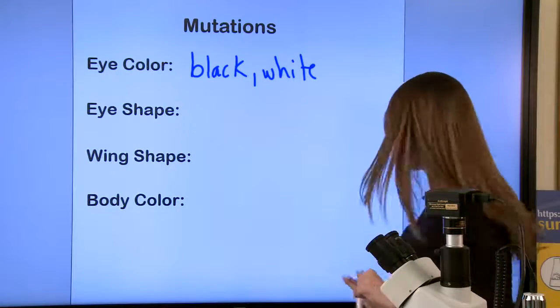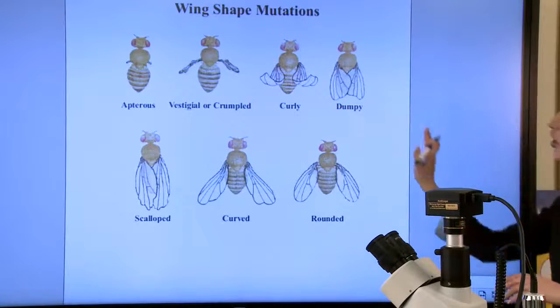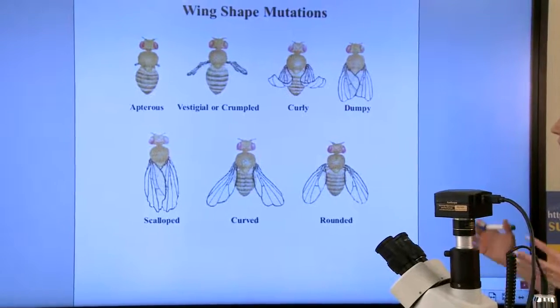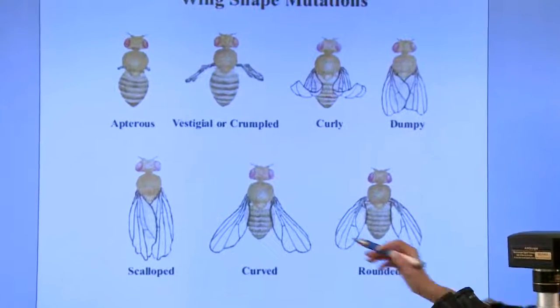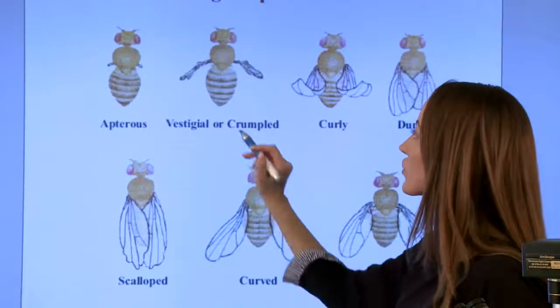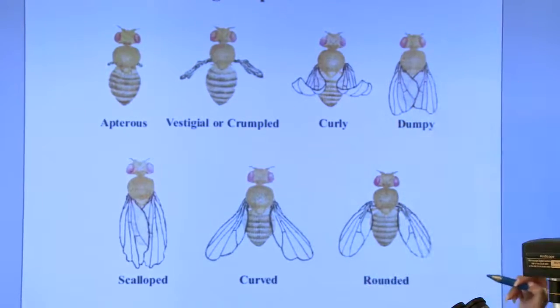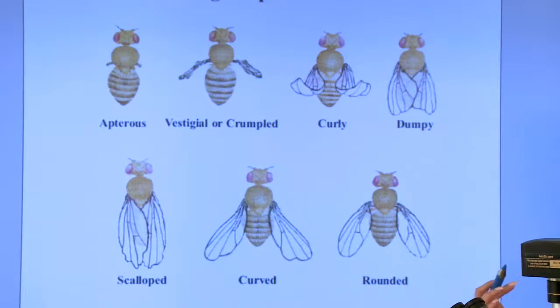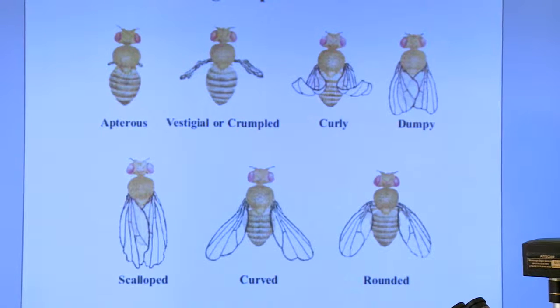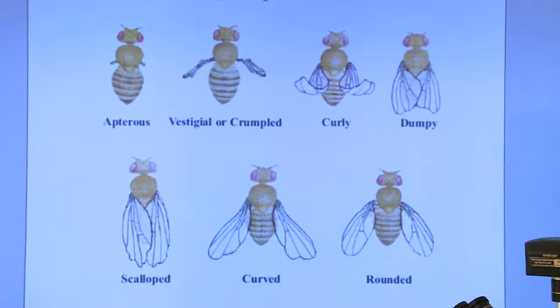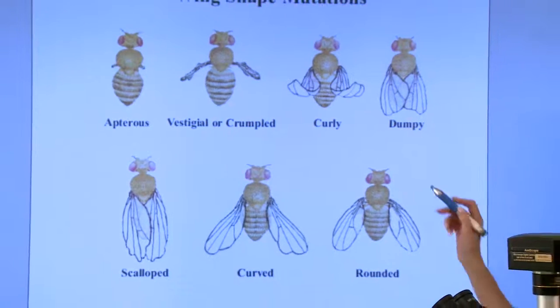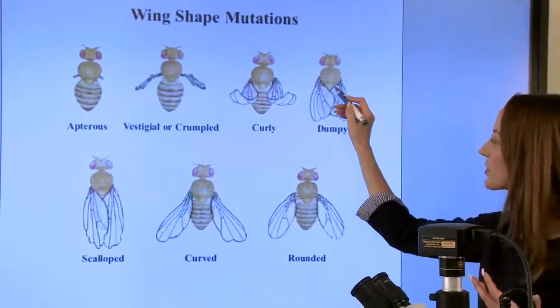Wing shape. If we go ahead and take a look at that guide. We saw apterous, we saw crumpled, and as I was going around, did anybody see anything else? Maybe you caught something that I didn't catch. A lot of times I wind up seeing dumpy wings. They almost look like teardrops, but they have a different shape towards the end.